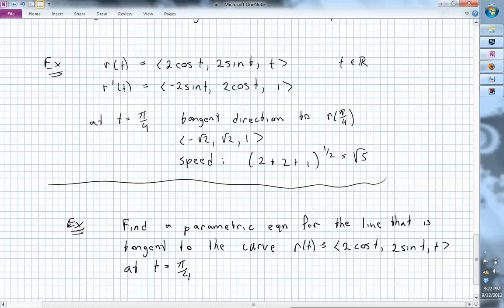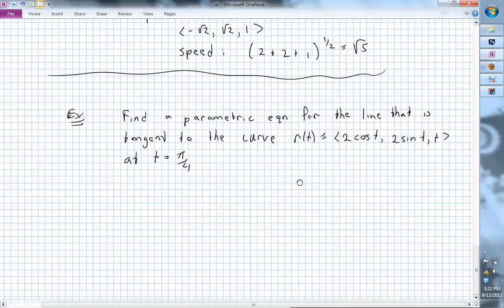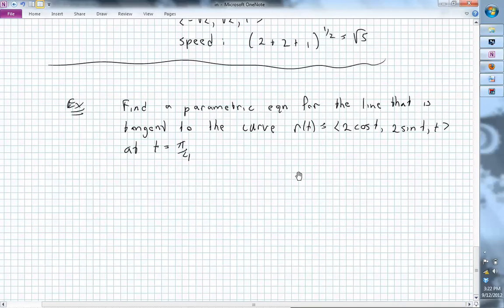Find a parametric equation for the line that is tangent to the curve r of t at t equals pi over 4. What kind of curve is this? It's a helix, and the radius of the helix is 2, and it's swirling around the z-axis. All right, I'll try to sketch it for you a little bit here.